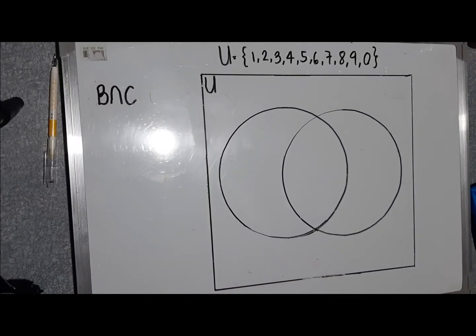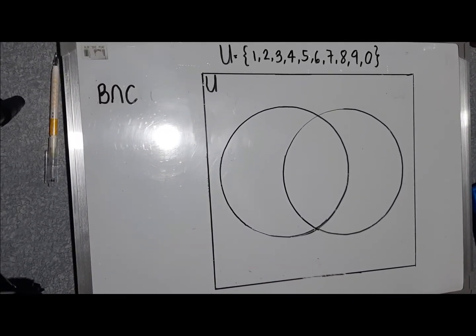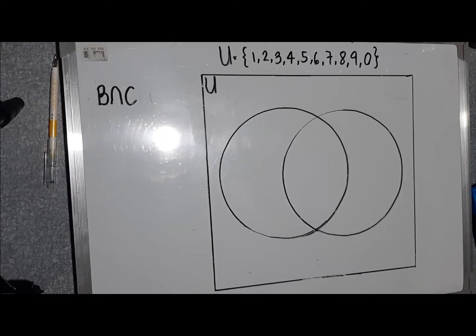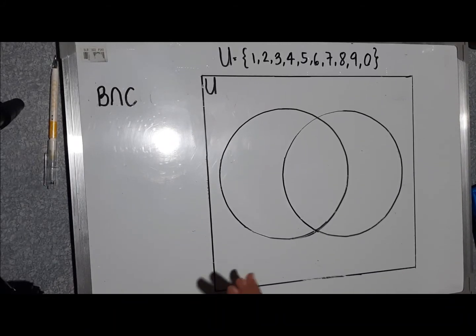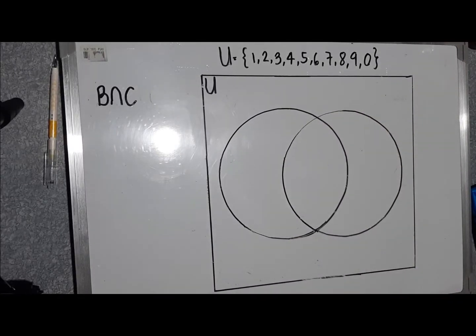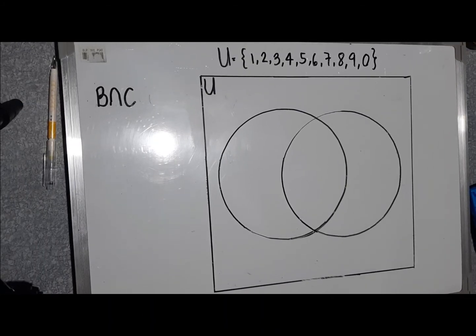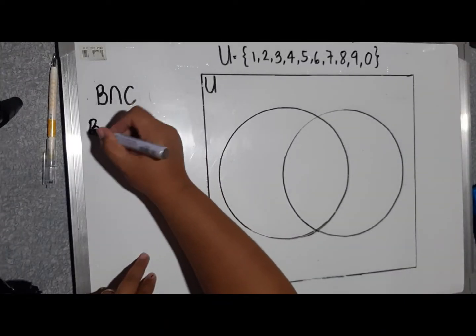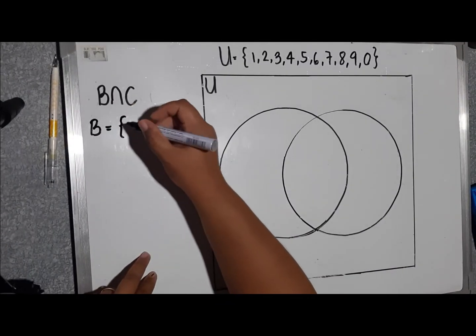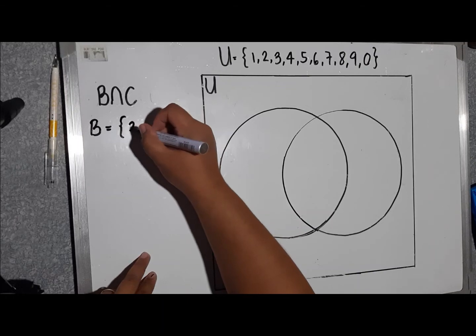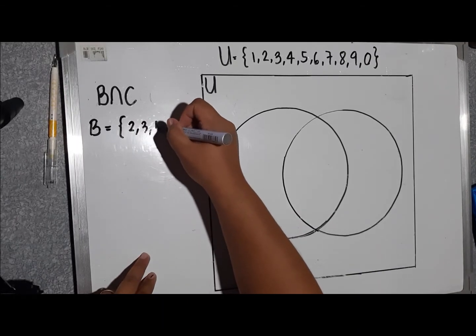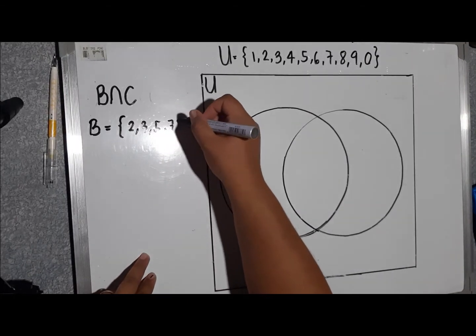So now, to represent our answer in a Venn diagram, the answer for B intersection C. So again, our universal set is 1, 2, 3, 4, 5, 6, 7, 8, 9, and 0. Our operation is B intersection C. B has the elements 2, 3, 5, and 7. Okay?